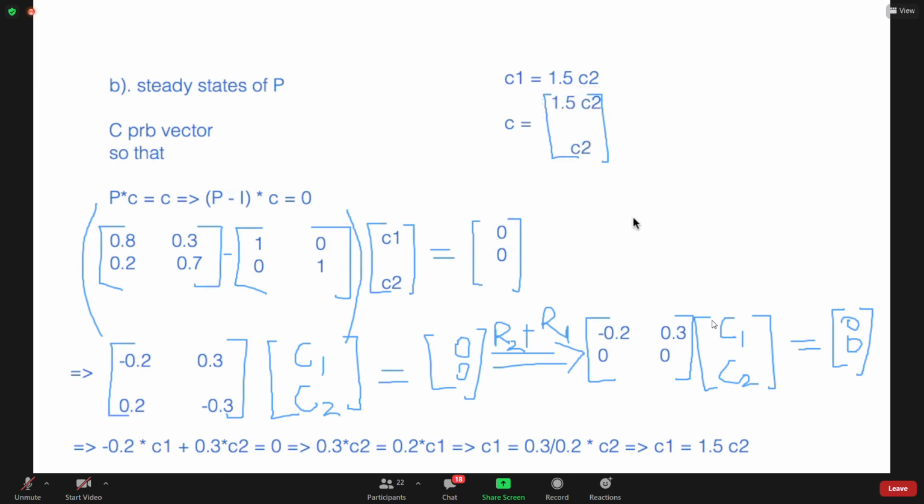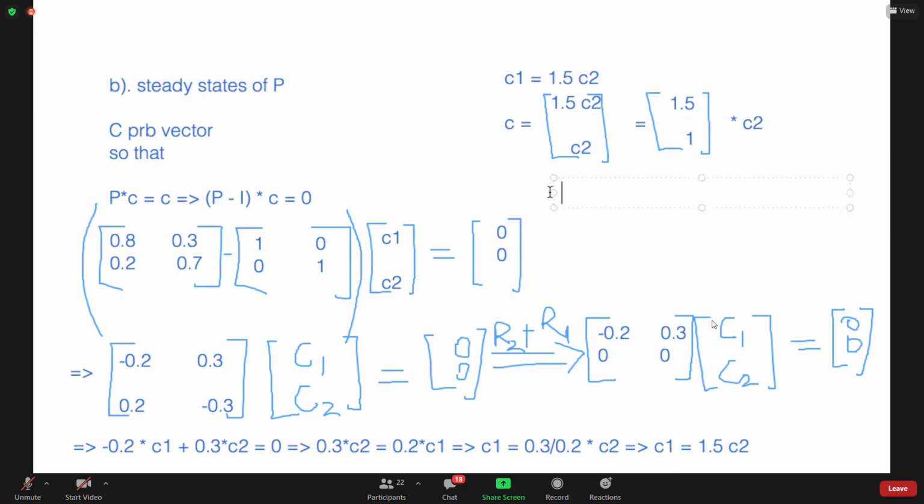Like that. I can go one step further and take out C2 as a scalar and be left with 1.5 and 1 multiplied by C2, because C2 is a number, will become my C matrix.